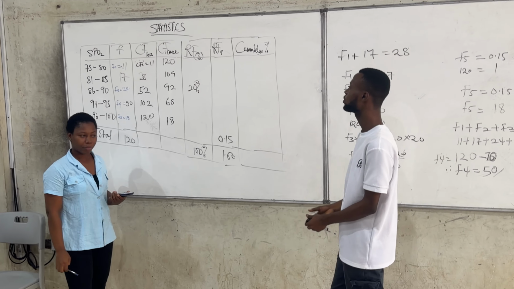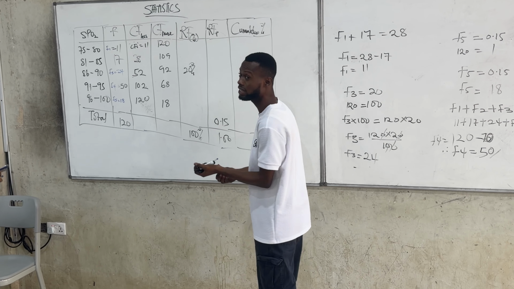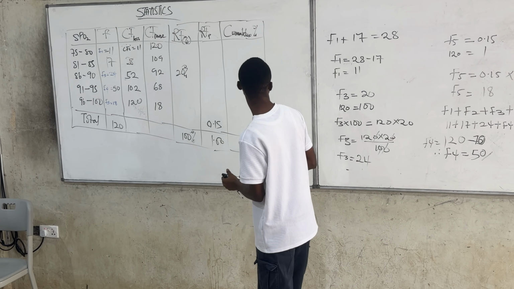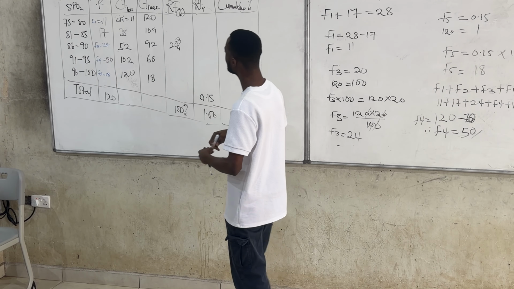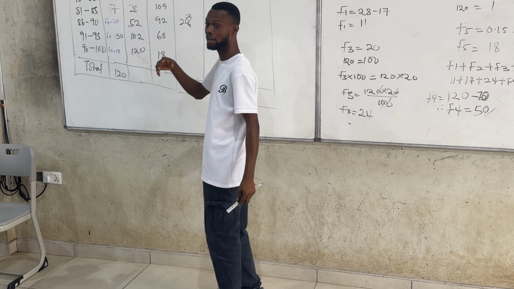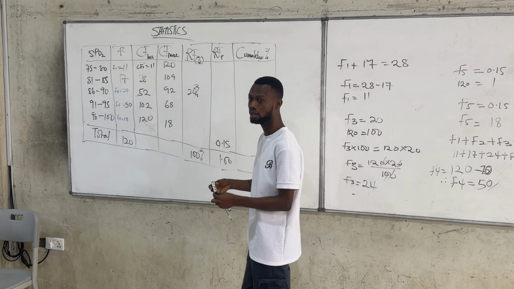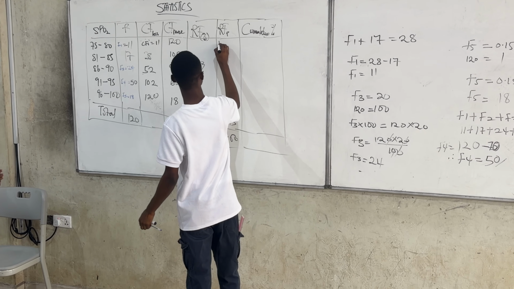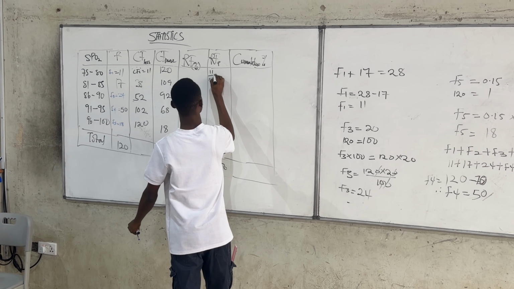Understood? Yes. So here, this is the relative frequency percentage. You know that in percentage, the total is 100. So it means that you will pick the frequency and divide by the total frequency. So each frequency divided by the total frequency times 100. So the first one will be 11 over 120 times 100.